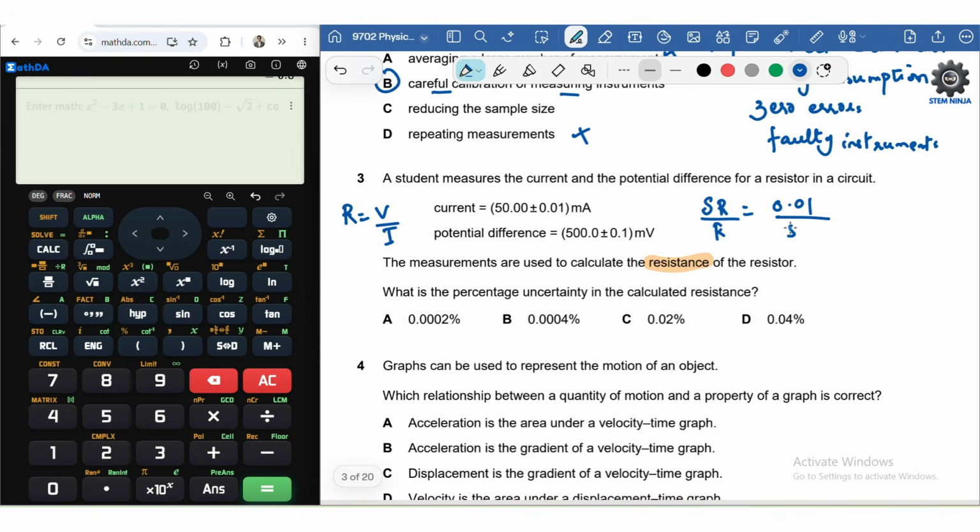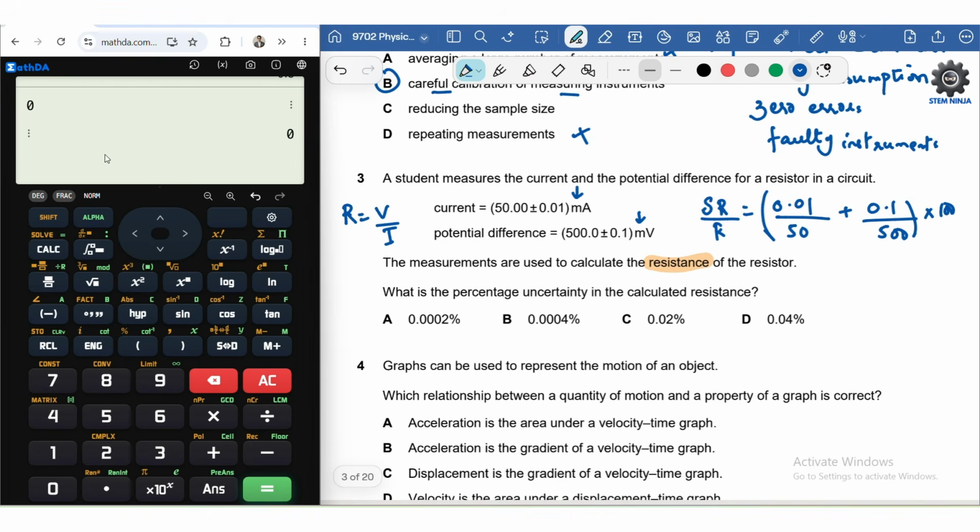So the fractional uncertainty would be 0.01 over 50 plus 0.1 divided by 500. Notice that the percentage uncertainty is not affected by the prefixes. The absolute uncertainty will change if we convert into amps or volts, but the percentage uncertainty remains the same. So this is multiplied by 100.